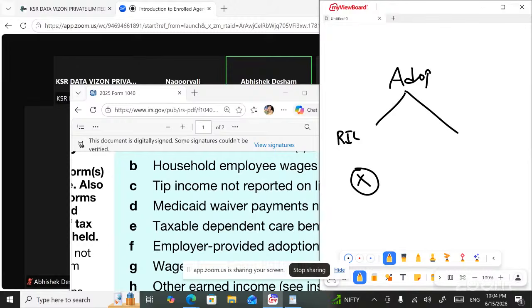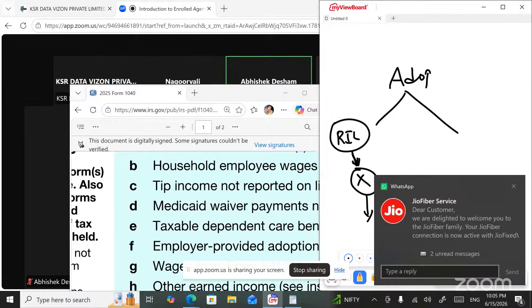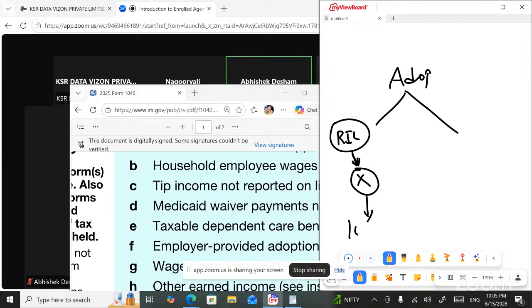If any child is adopted by this employee, and if the employer is giving any monetary benefit to the employee, that benefit information, by filing the respective form, shall be attached to form number 1040. This is support from the employer for the purpose of the adoption.